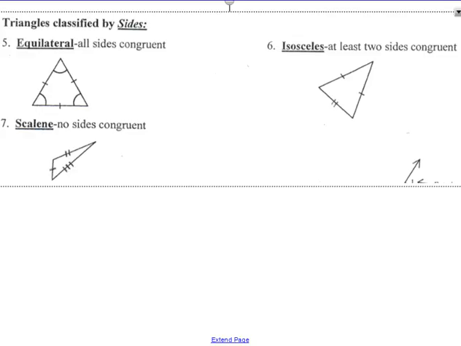All right, moving on. We can classify triangles by their angles, and we can classify them by their sides. Remember last page we had equiangular, now we have equilateral. Lateral means sides, so the sides are all congruent. So in this case, this side is congruent to this side, which is congruent to this side.